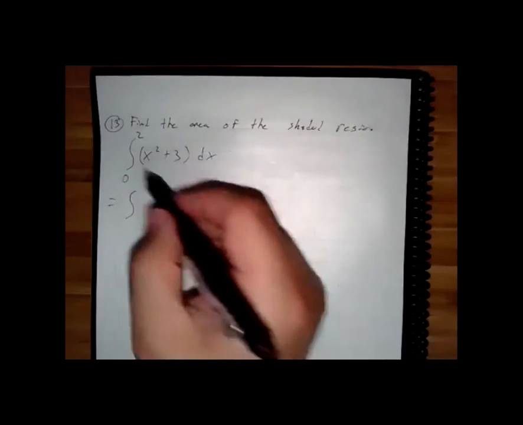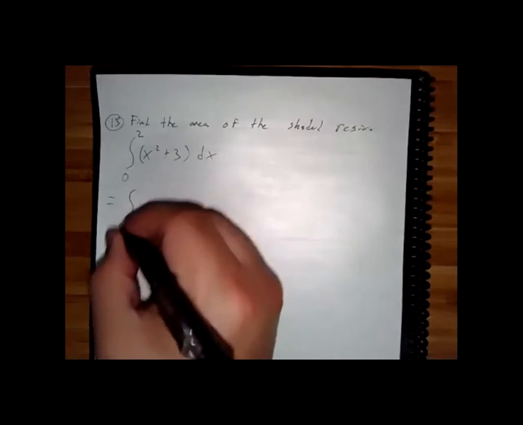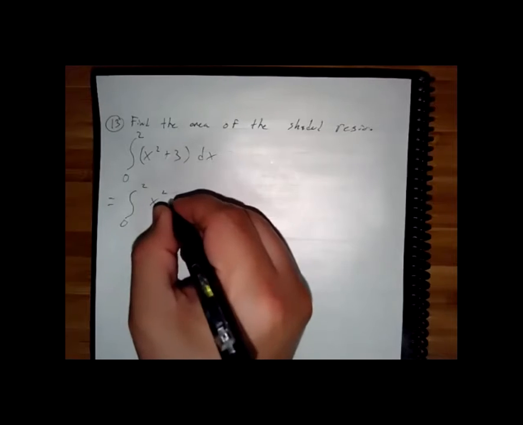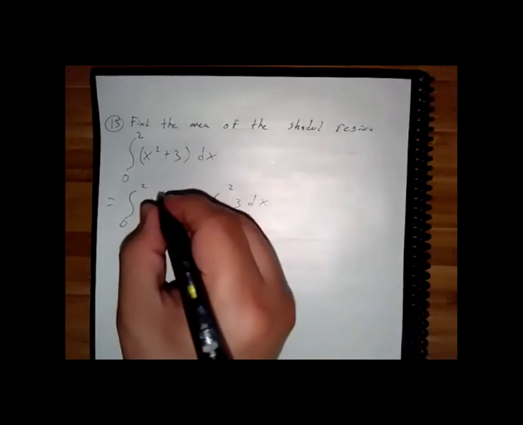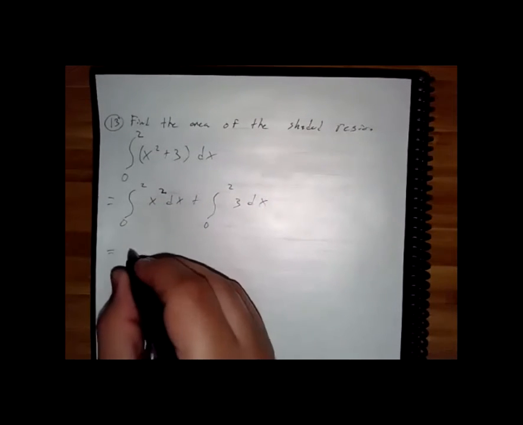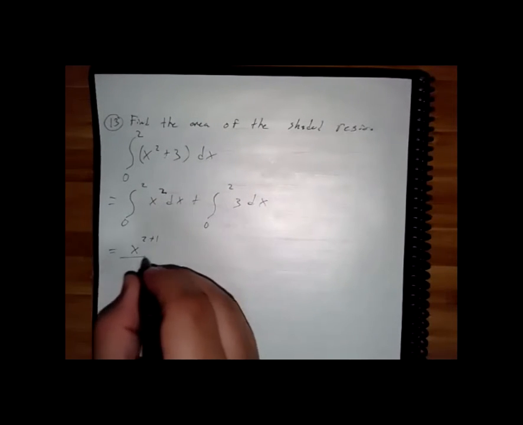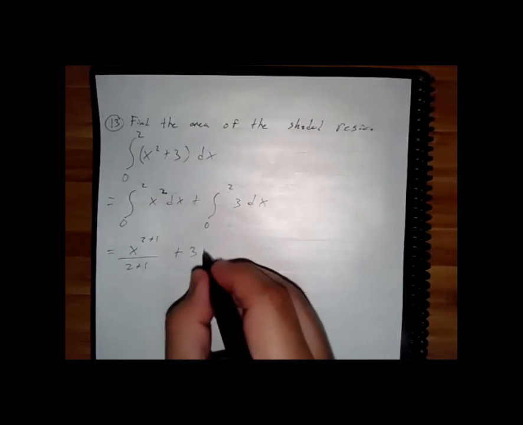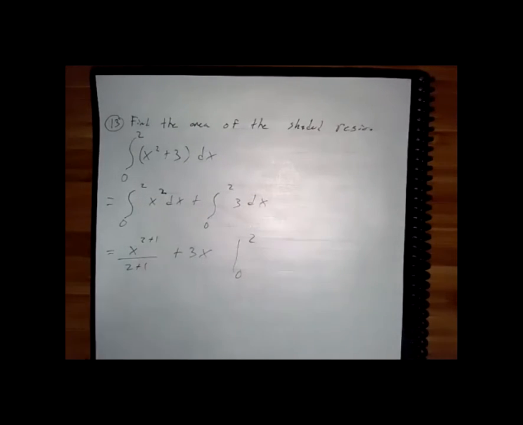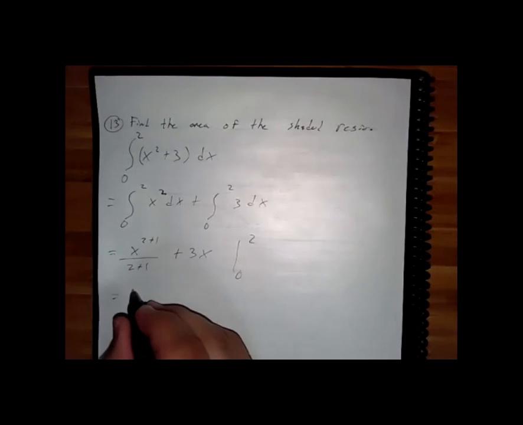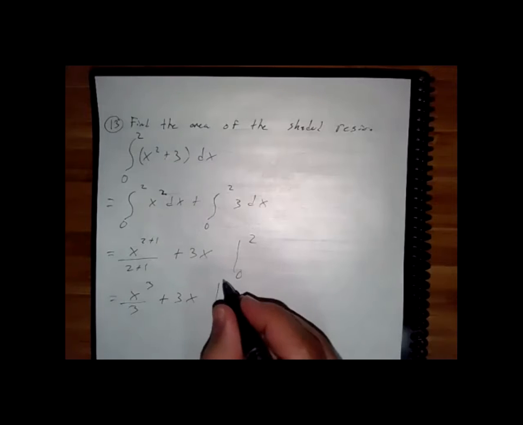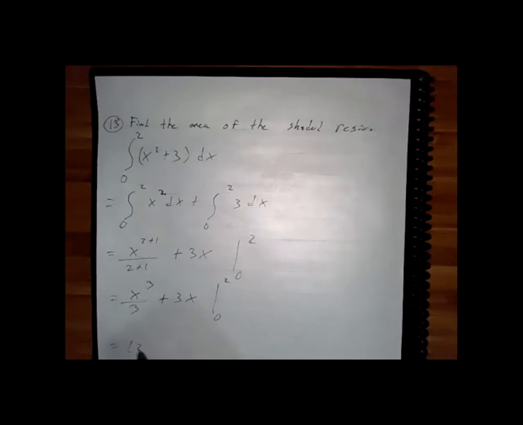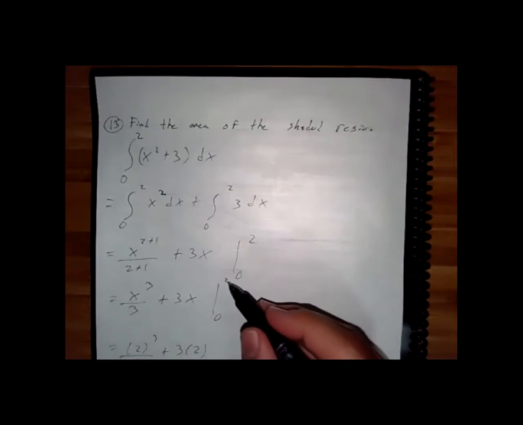So once we have this idea, it's pretty easy, right? Just separate it like we did before. Do the power rule on this guy. So x to the 2 plus 1 over 2 plus 1 plus 3x from 0 to 2, which will give us x cubed over 3 plus 3x from 0 to 2. So that'd be 2 cubed over 3 plus 3 times 2 when I plug in the upper bound.